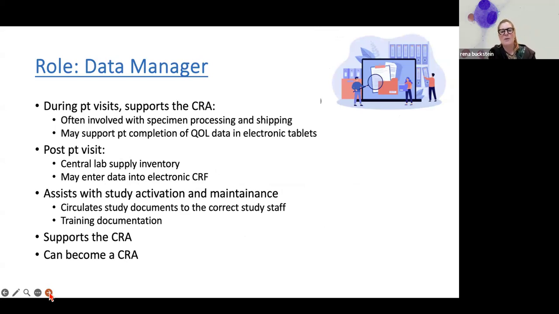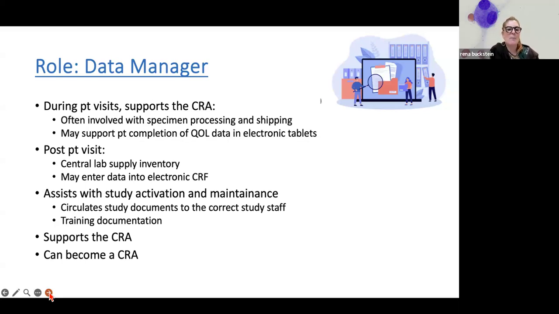More and more trials aren't using paper, but are using electronic tablets for PROs. They'll maintain a central lab supply inventory. So the tubes and samples that need to be done as part of the study may be sent by the CRO dedicated to this particular study. So they maintain that supply.